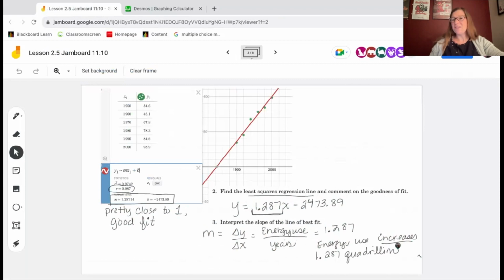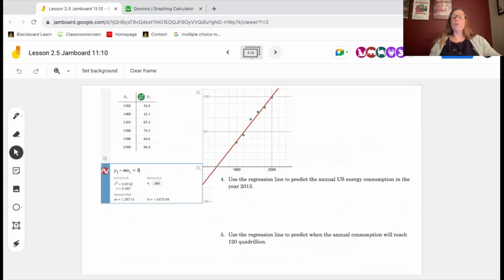And since we don't have a nice fraction, it's a decimal, we know that this decimal is all over 1, so per year.